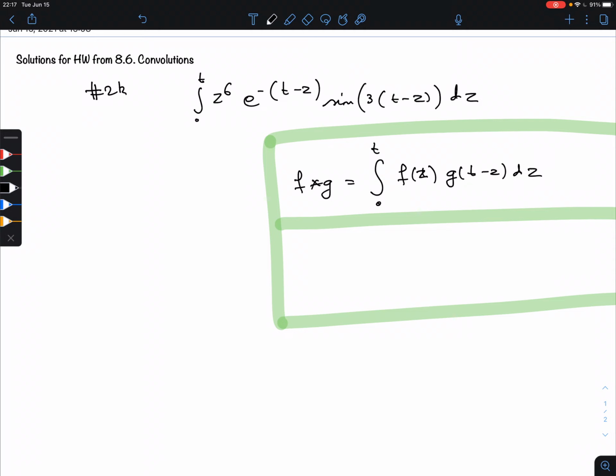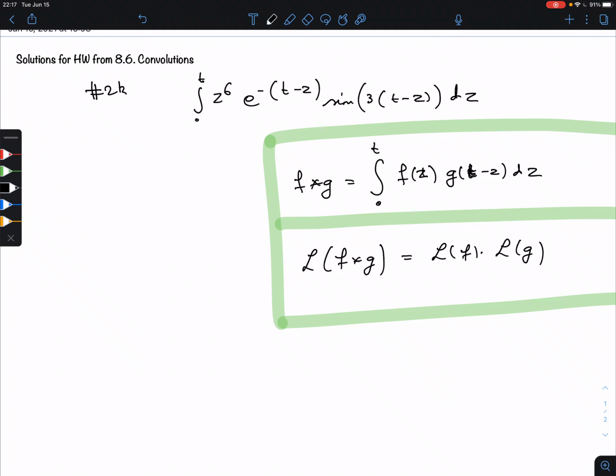So it's an integral with a product, but there's a shift of the variables, or a change of variables perhaps. And the second important thing is that the Laplace transform of this convolution product is the usual product of the Laplace transforms.